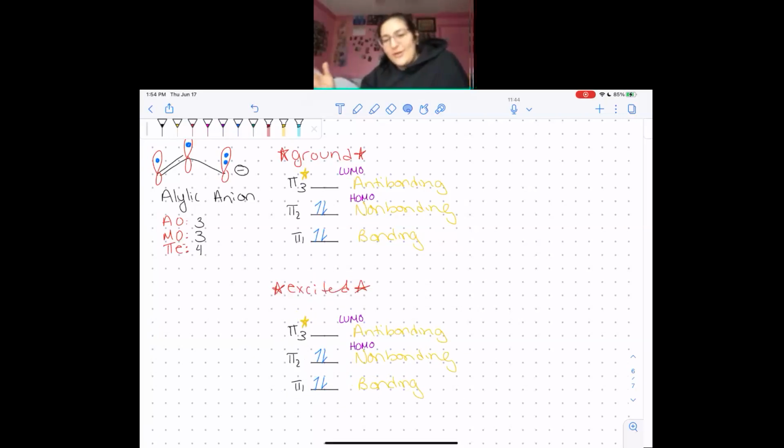Yes, the electron, but more specifically, 1 pi electron is going to go from the HOMO to the LUMO, aka from pi 2 to pi 3. Super duper amazing job.